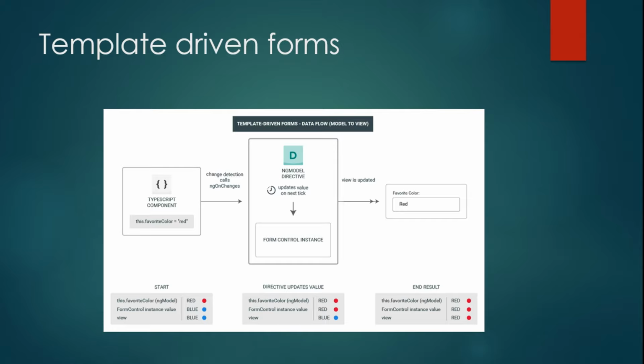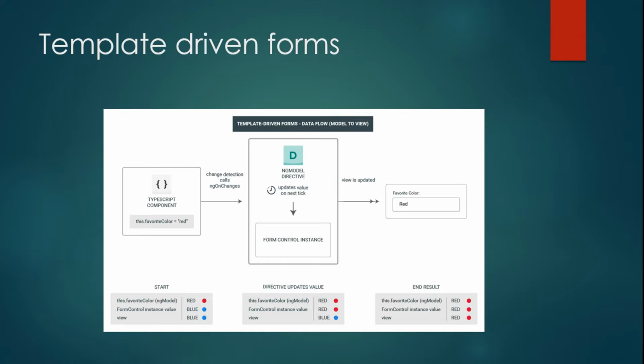In the reverse way, when there is a change in the model, the ngModel directive's change detector detects the change and calls the callback method ngOnChanges.